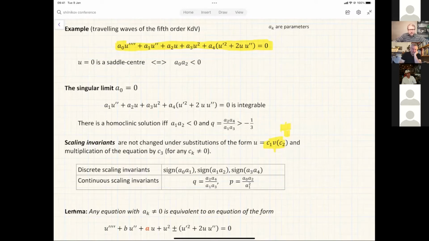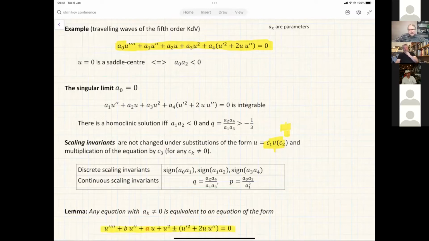So, provided there is a division by A1, A3, so they should be non-zero, if all the AK are non-zero coefficients, then any two equations are equivalent if they have the same P and Q. So in particular, any equation is equivalent to the equation at the bottom line.